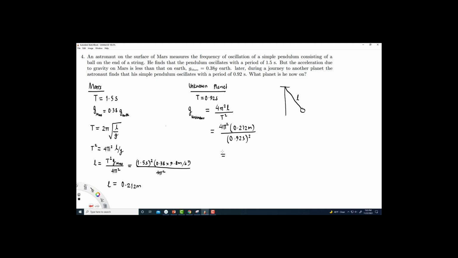So let's see what that is. 9.89 meters per second squared, and this is close to the acceleration due to gravity of Earth. Okay. So that means the astronaut is on the surface of the Earth.